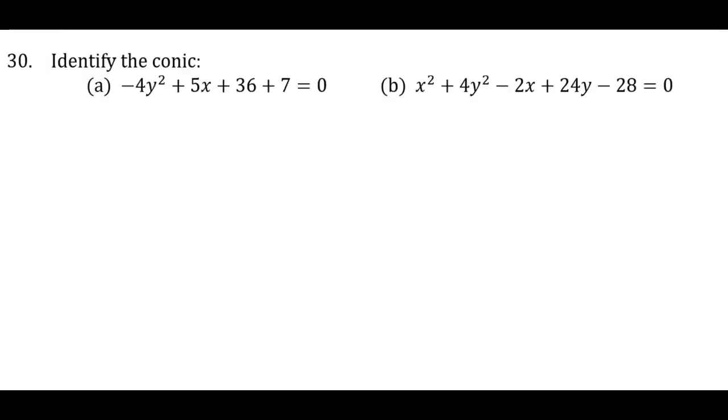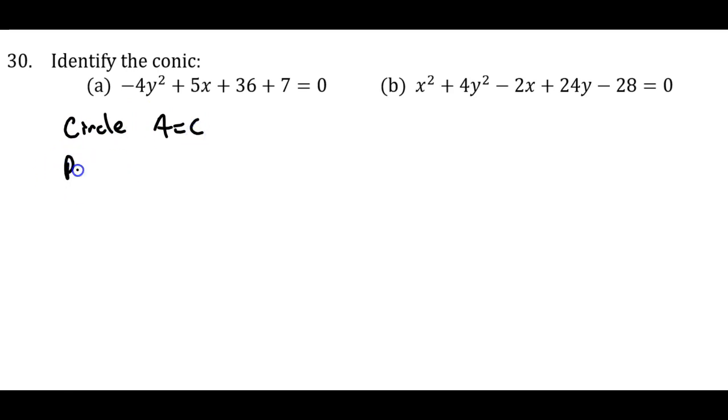For these next two right here, we want to identify the conic. And so a couple of things to keep in mind when we're looking at this general form of something like ax squared plus cy squared plus dx plus ey plus f equals 0, then we can say that it's a circle if a is equal to c.